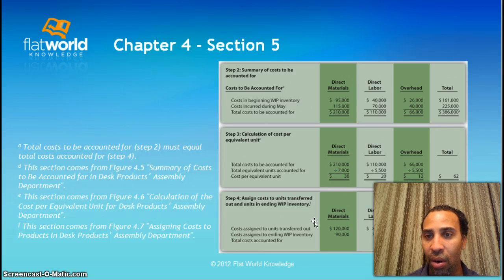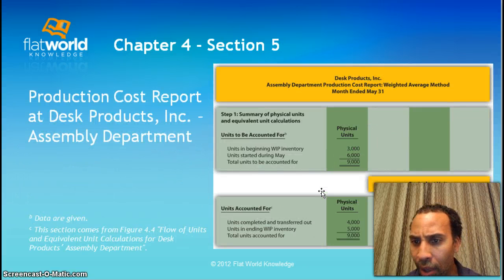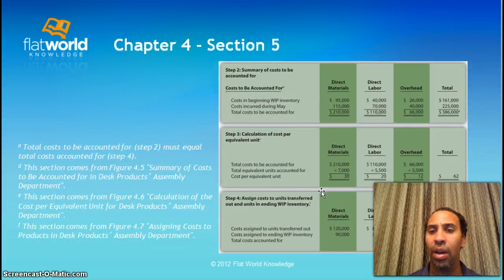And actually the one number that we're going to multiply is on the previous page, but then you take your 4,000 and multiply it by that 30 to get that 120,000, and then also by 20 to get 80,000, and then by 12 to get 48,000. Then you multiply the lower numbers, the 3,000 and 1,500, by 30, 20, and 12.